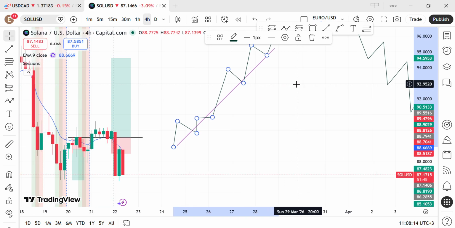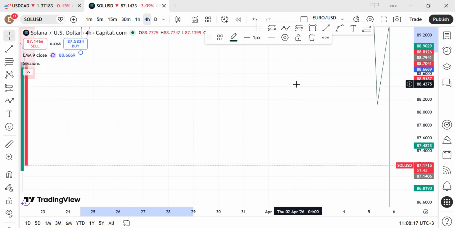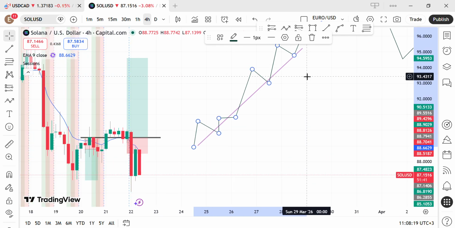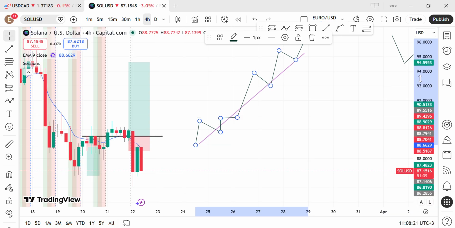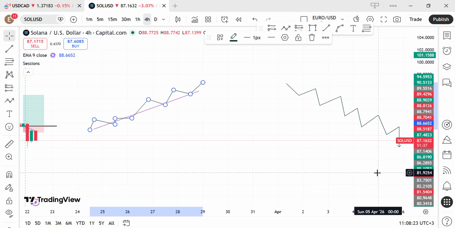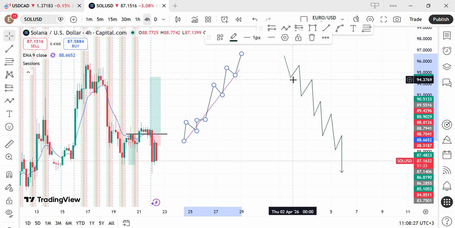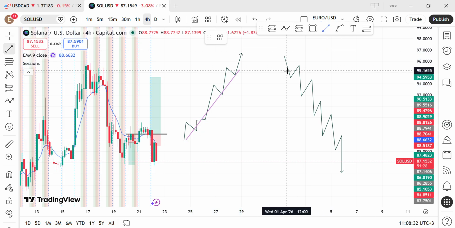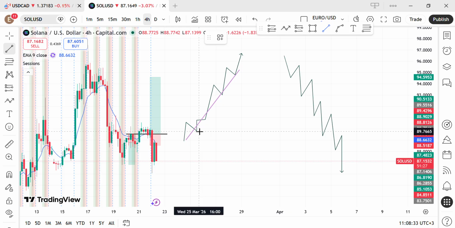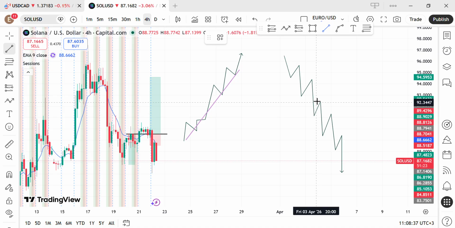Same to the lower. What's happening? Same to this. As long as, since in an uptrend we're focusing on the higher lows, in a downtrend we're focusing on the lower highs.